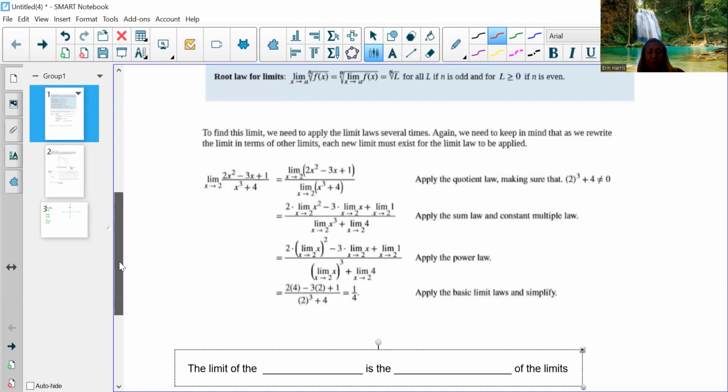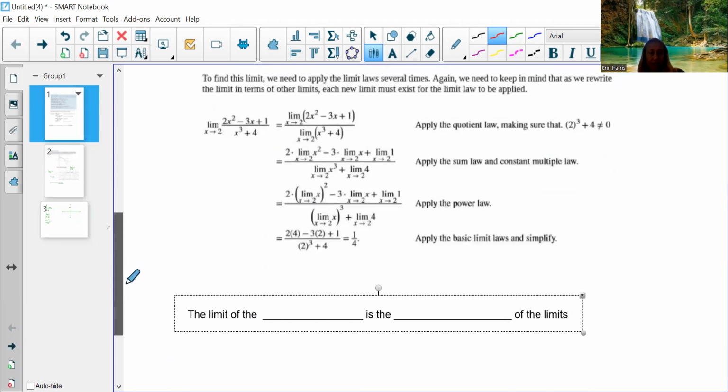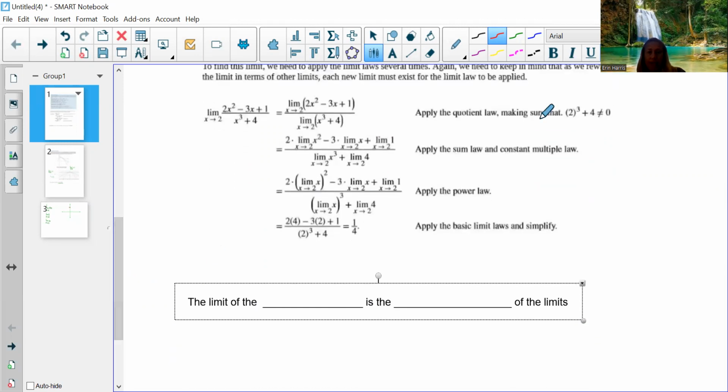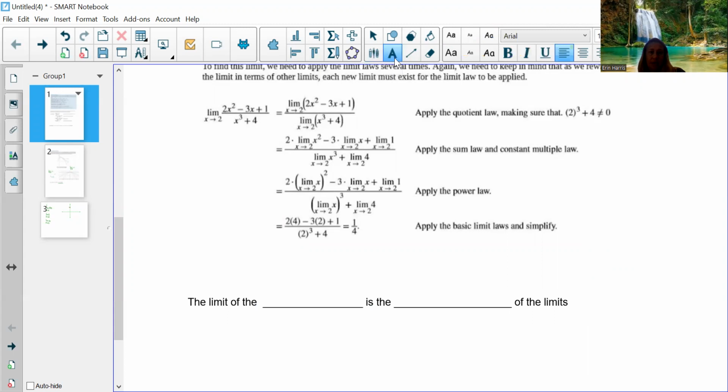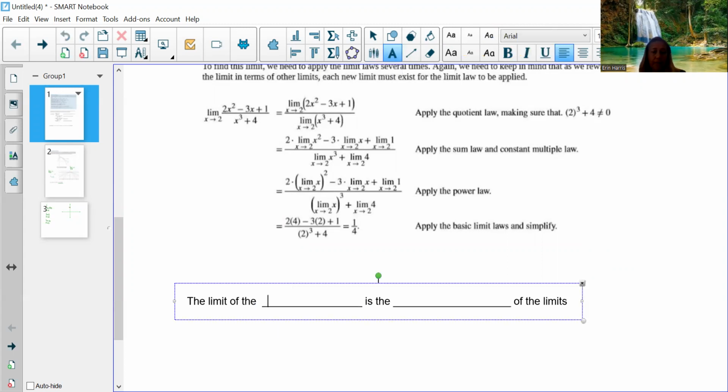But here is something that's going to be important to us, okay? What this does tell us is that the limit of the sum, difference, product, or quotient is the sum, product, difference, and quotient.